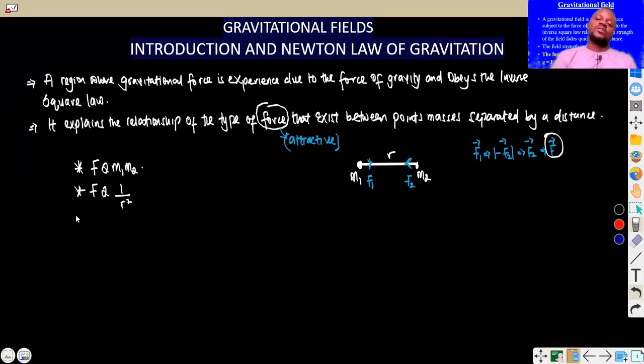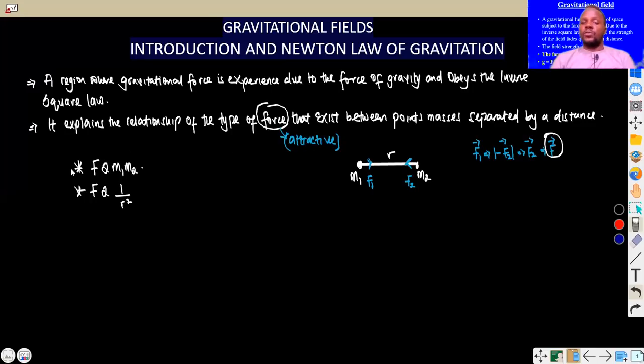Later in the syllabus, you are going to understand other things with respect to gravity, which is why I am not taking my definition of gravity now, because we are still going to talk about gravity and the weight that acts on a body. We have learned from mechanics that the weight of a body always acts downward, and also that the value of g varies from one place to another.